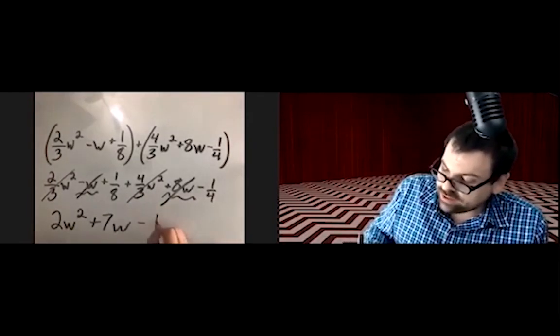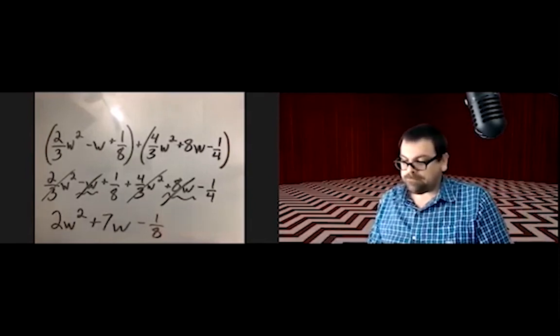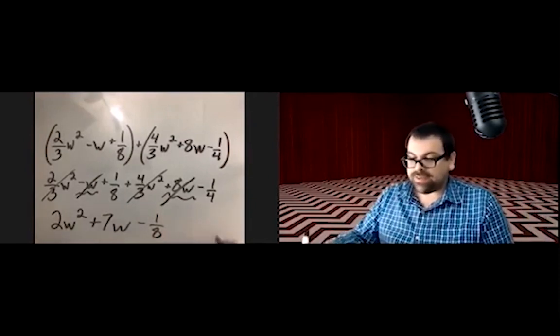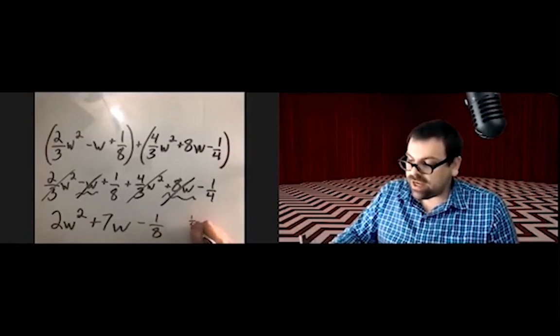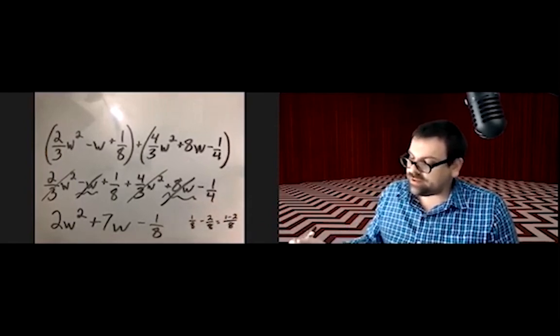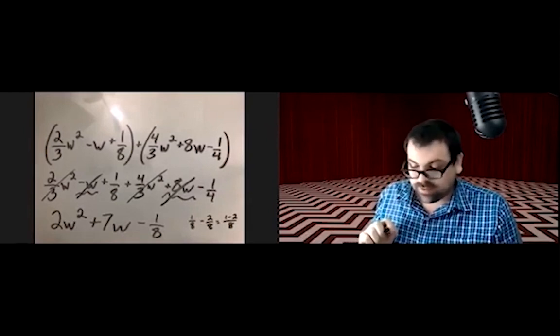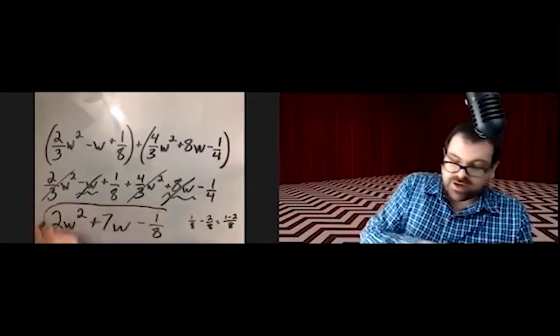That's negative 1. Negative 1/8. And again, that's because 1/8 minus 2/8 is 1 minus 2 over 8, which is negative 1/8. And then we can't simplify anymore from here.